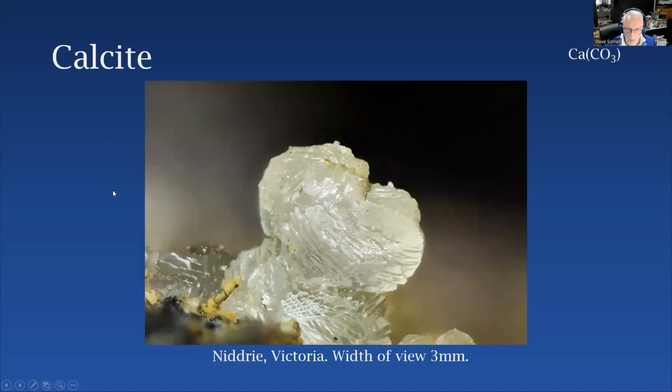And this one dates back to my very early days of collecting minerals. When I first got married, my wife and I were renting a unit in a place called Niddrie, which is an outer northwestern suburb of Melbourne. And there was a large quarry, or relatively large quarry, in basalt, just behind where the units were that we were living in. And I used to wander around there and have a look. In those days you could get into places like that.